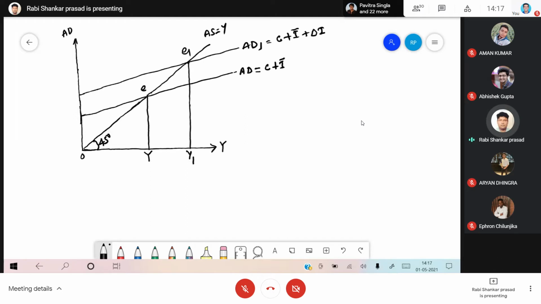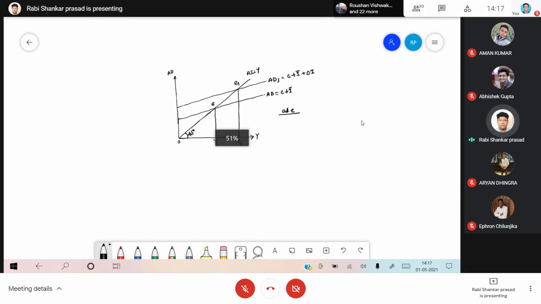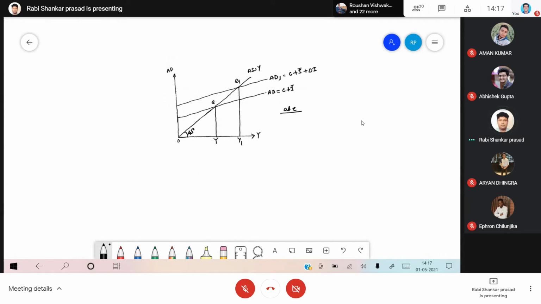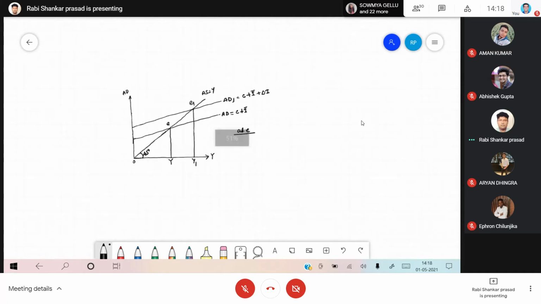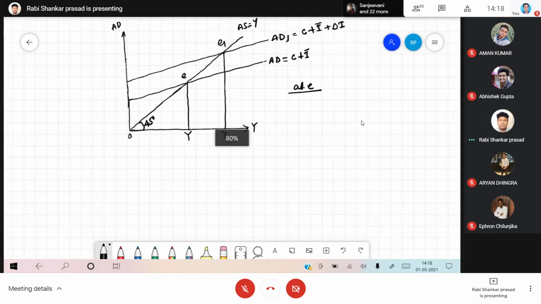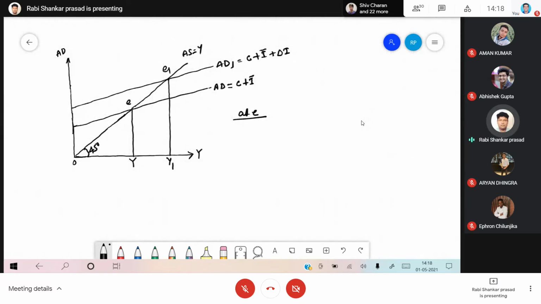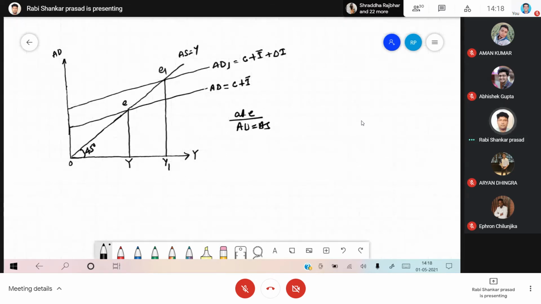If you start explaining, first you should say that at E your aggregate demand is equal to aggregate supply, and the equilibrium level of output is Y.